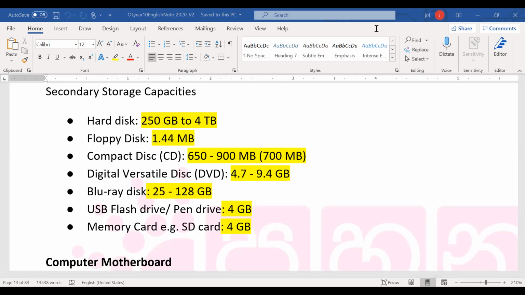Floppy disks actually came in different sizes, and this is the last one that we have seen, right? If you see something like this, the floppy disk could be used.